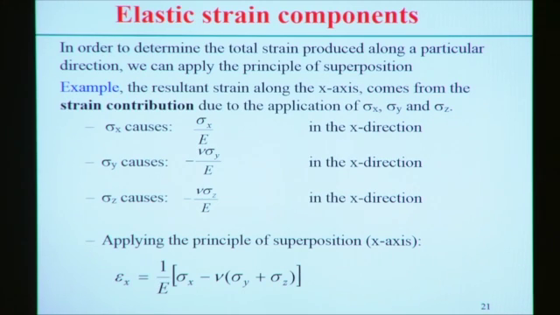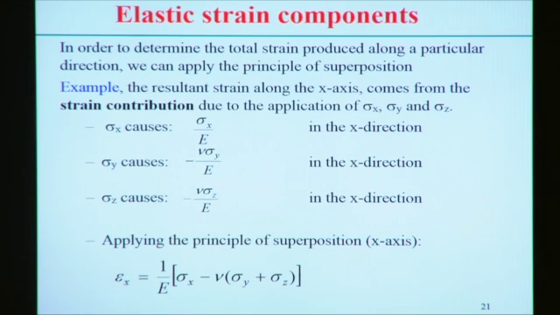So sigma x causes sigma x by E in the x direction, but sigma y causes a component of the strain in the x direction that is multiplied by the Poisson's ratio, minus nu into sigma y by E. Similarly, the strain component along the x direction due to the application of the stress sigma z is considered as minus nu sigma z by E.